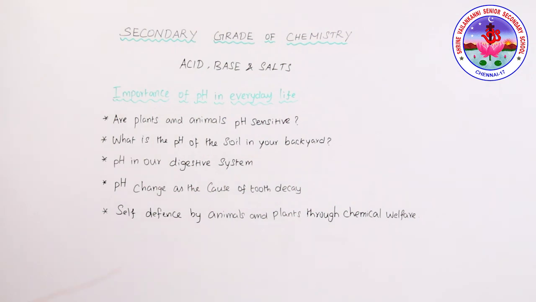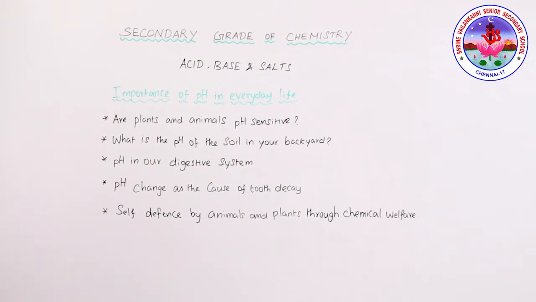Then the pH change as the cause of tooth decay. Tooth decay starts when the pH of the mouth is lower than 5.5. The tooth enamel, made up of calcium phosphate, is the hardest substance in the body. It does not dissolve in water, but it is corroded when the pH in the mouth is below 5.5.